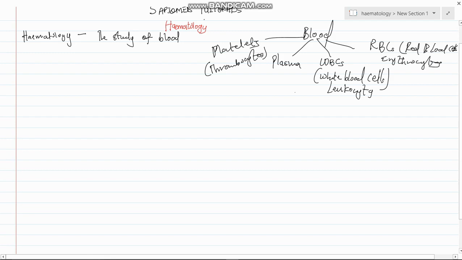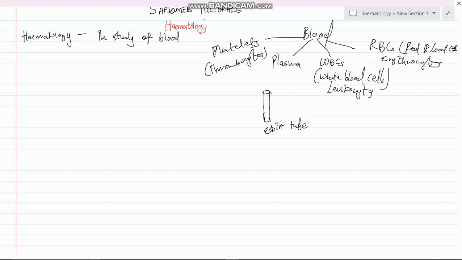Now, when you put whole blood, normally for routine hematological tests, we use a tube with the lavender top, what we call the EDTA tube. So when we put whole blood in this, and the blood settles, it shows the proportion of each component that has settled.